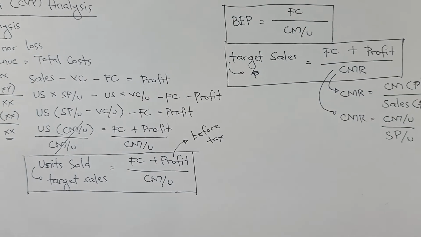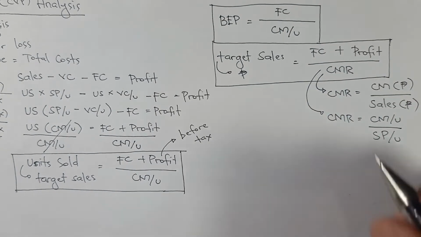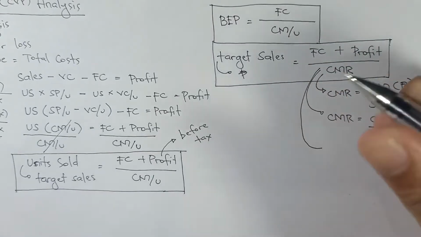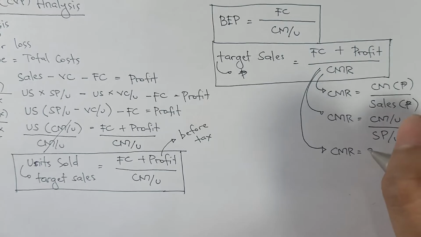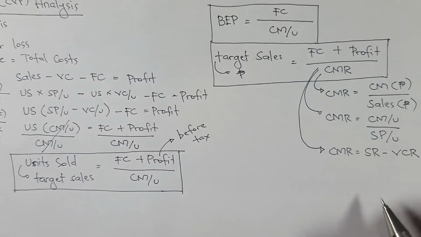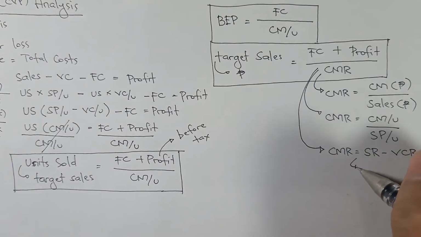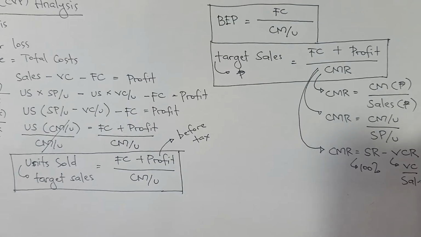Pareho lang ang makocompute mo. CMR can also be computed by deducting from the sales ratio the variable cost ratio. Sales ratio, always keep in mind na always 100% yan. Variable cost ratio on the other hand is actually equal to the variable cost divided by sales.